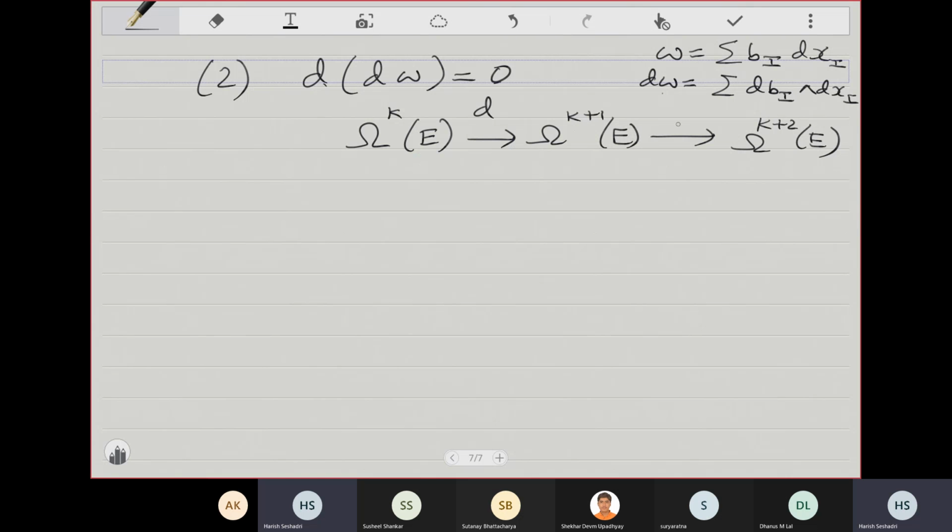So the d operation raises what is called the degree of the form by 1. So I have it like this. Strictly speaking, one should keep track of these maps by putting an index dk here, dk plus 1, etc. So then it would be saying dk plus 1 composed with dk is the zero map.